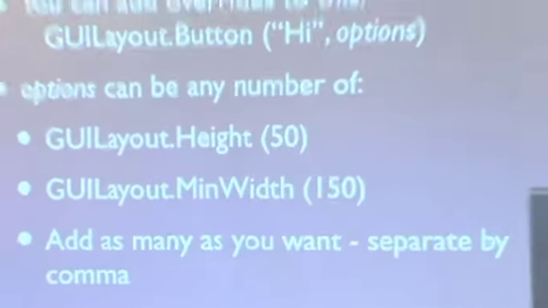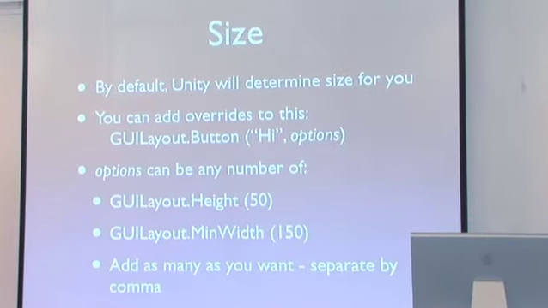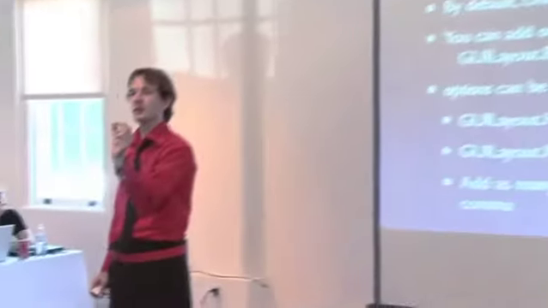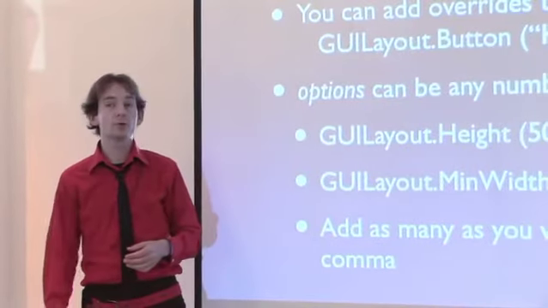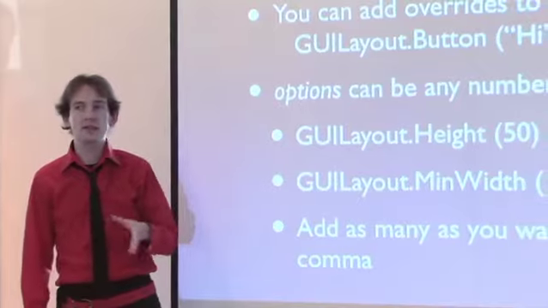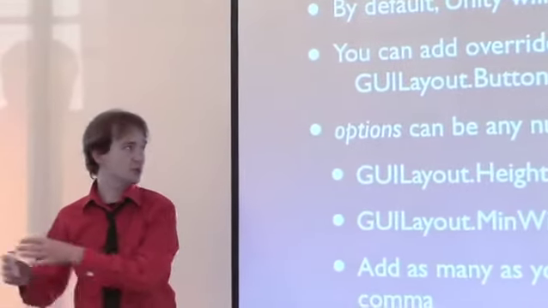Good. Sizing. Right now I've said just remove the rects. Sometimes you have an OK button, and just because OK is a tiny little string, doesn't mean you want a tiny little button. So you can add overrides to all GUI layout. These are sort of sizing hints you're giving it. Actually, it's not hints. You're telling Unity GUI to just do like this.